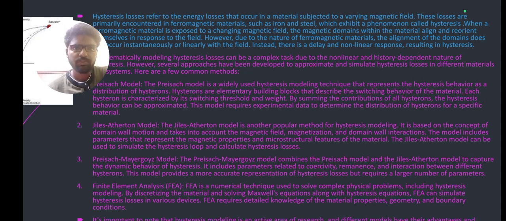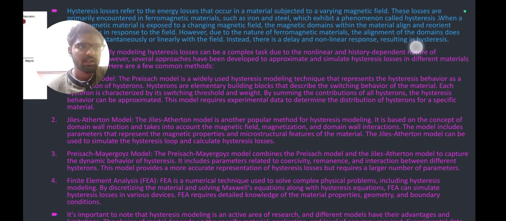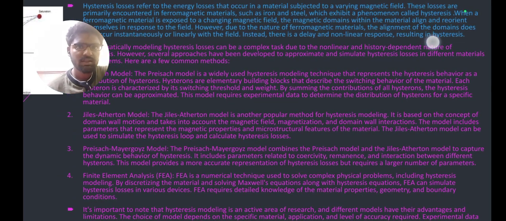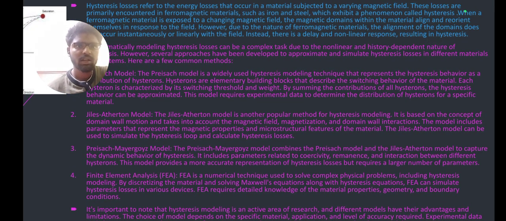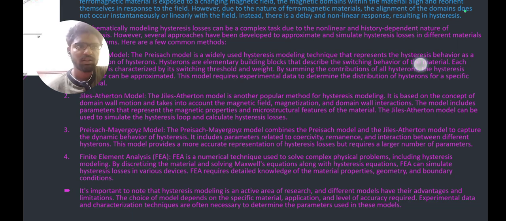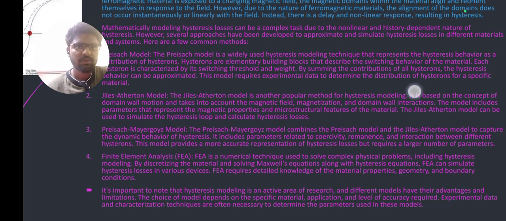Each hysteron is characterized by a switching threshold and weight. By summing the continuum of all hysterons, the hysteresis of the material can be approximated. The model requires experimental data to determine the distribution of hysterons for a specific material.